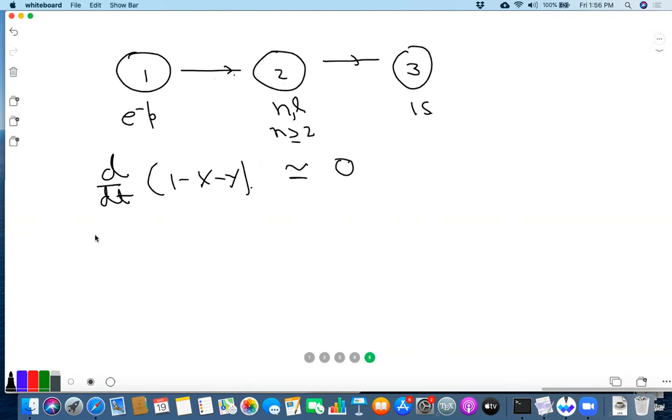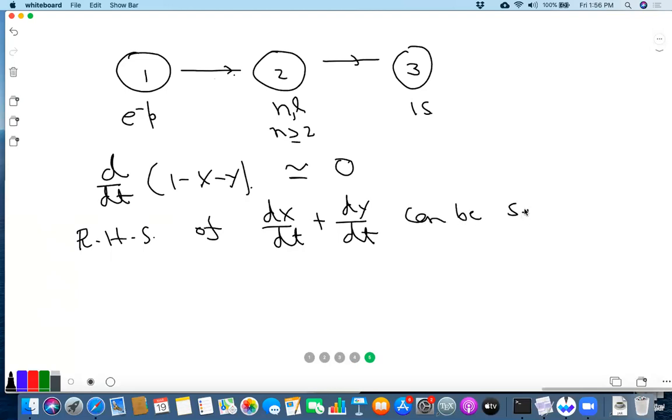So this means that the right hand side of dx/dt plus dy/dt can be set to 0. Again, as I said, you should really try to verify this because you have got the full set of equations. Once you put in the numbers and evolve them, you will see that this is small. So whatever is produced in system 2 is more or less immediately converted to system 3.